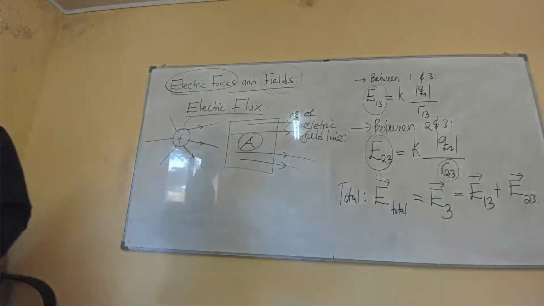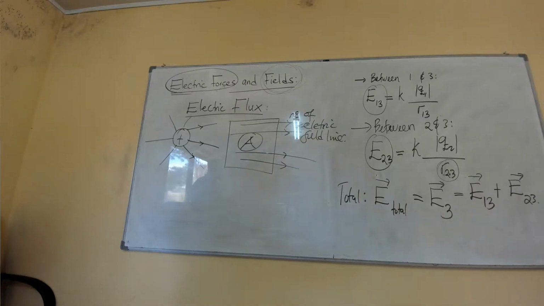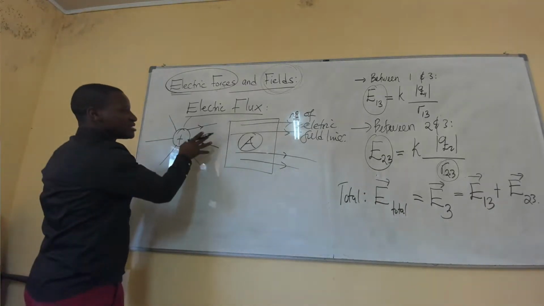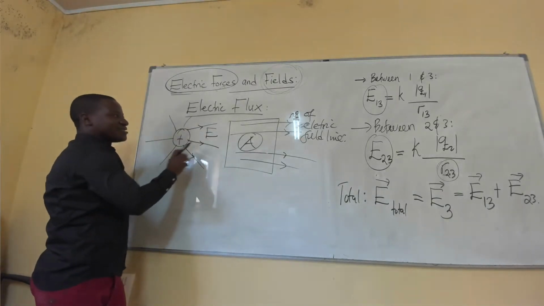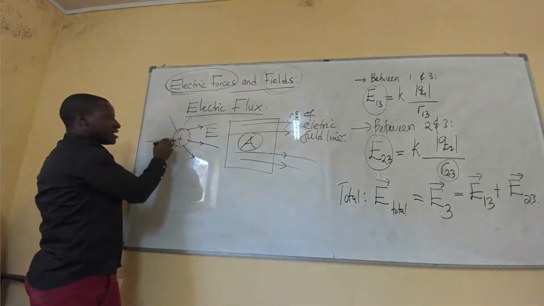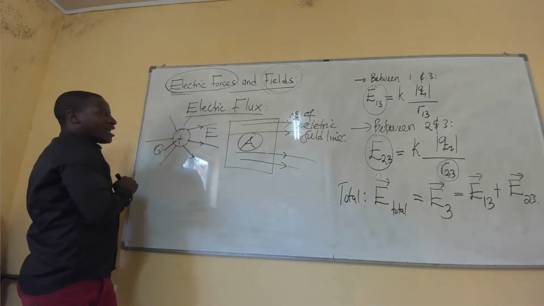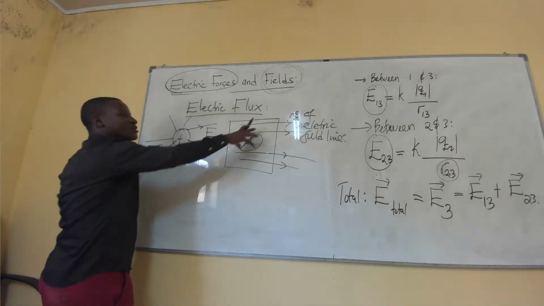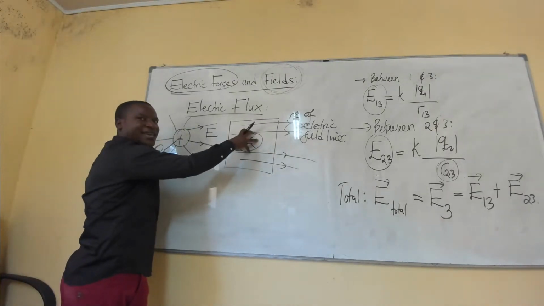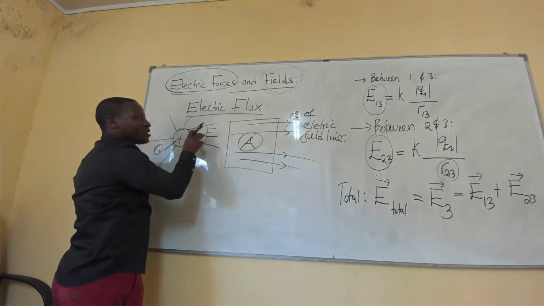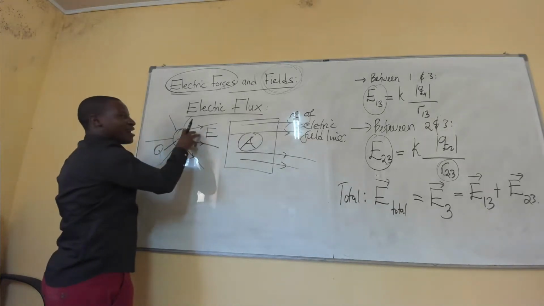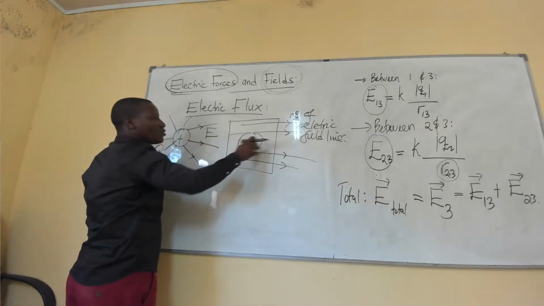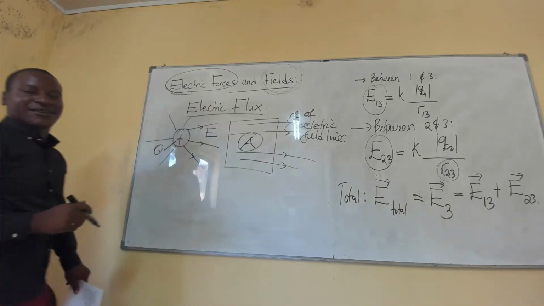Here we have the electric field as a result of this charge, which we call Q, and it's exerting some electric field on this area, which is A. The product of the electric field multiplied by the area through which the electric field lines are passing is what is called the electric flux.